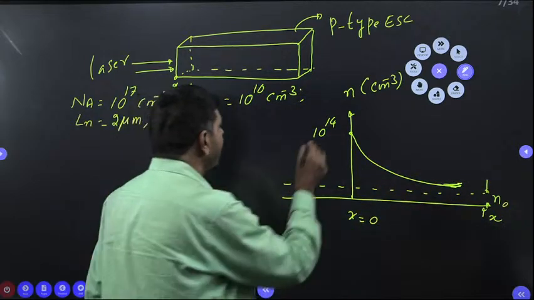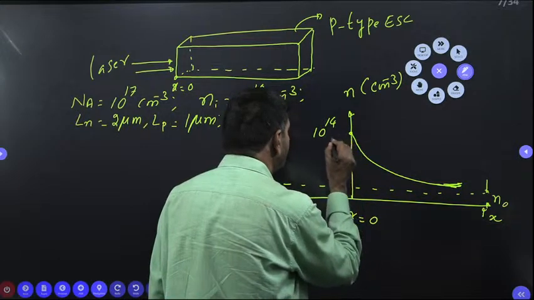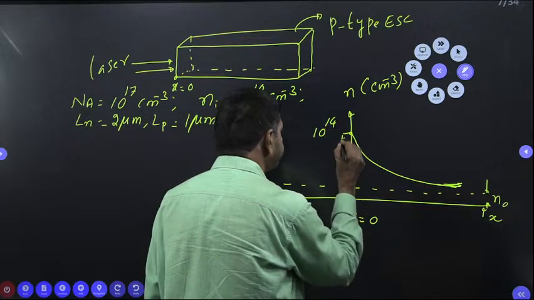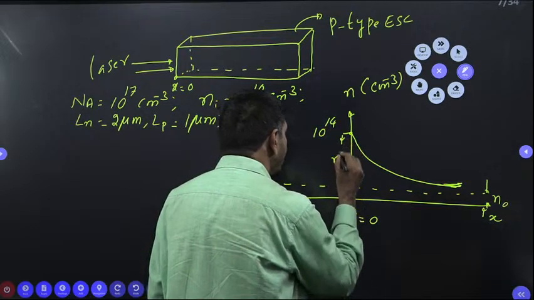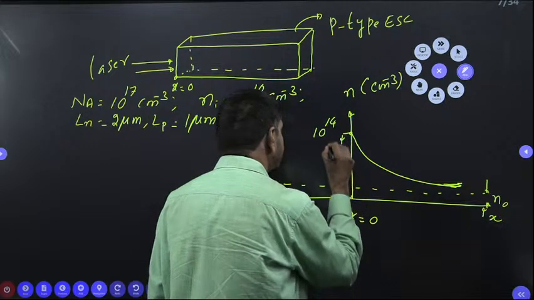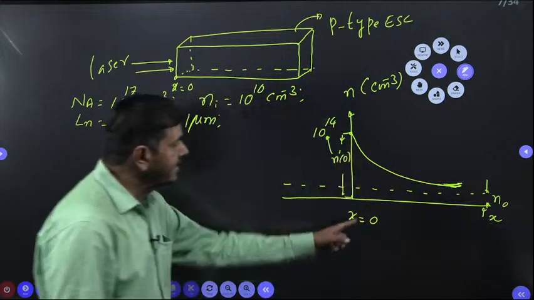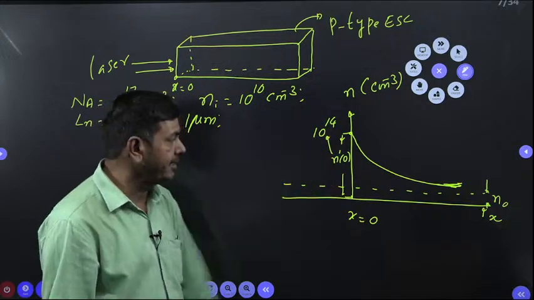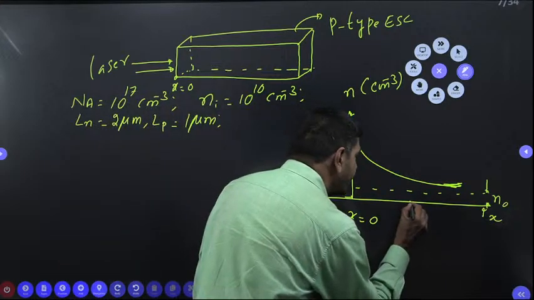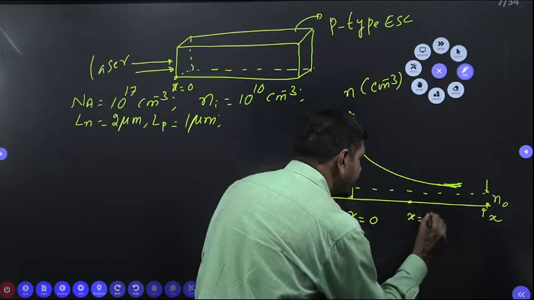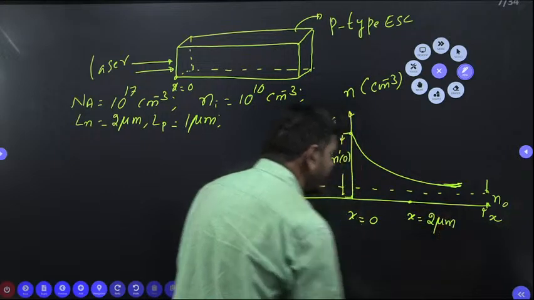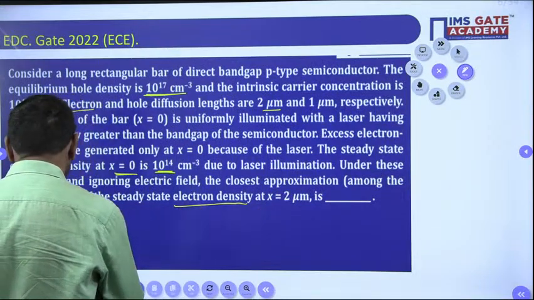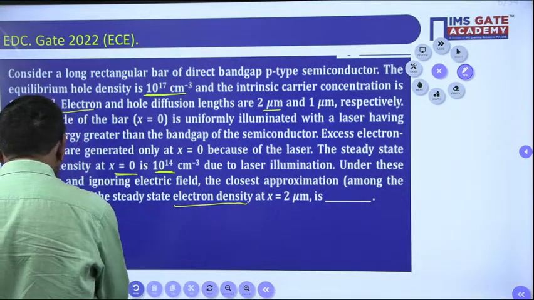Anyhow, from here to here, this value I want to take as N dash of 0, for example. This is N dash of 0. At x equal to 0, how many electrons are existing? Electron density only. At x equal to 2 micrometers, what is asked?